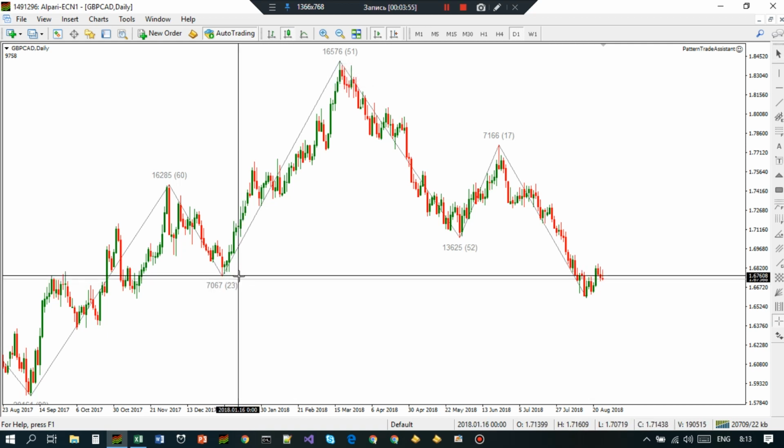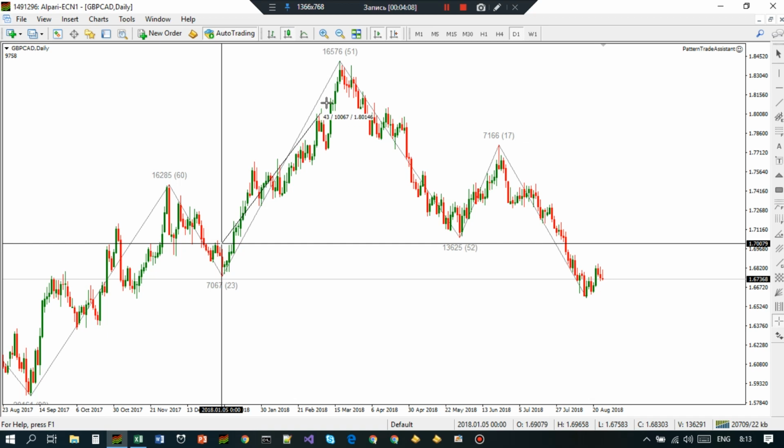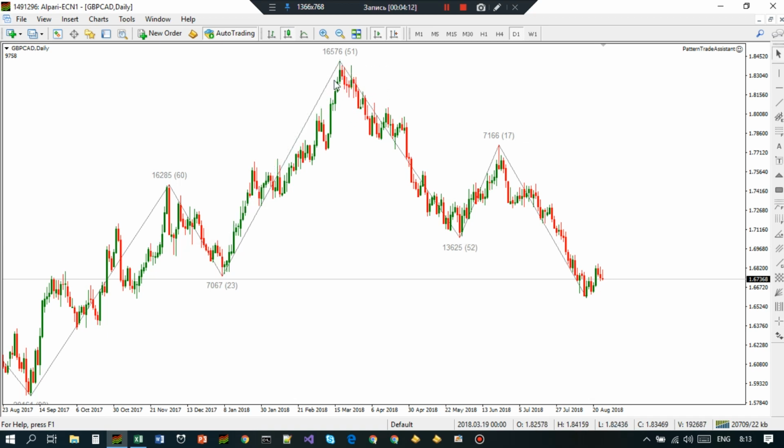If we measure from here to here, it will be the same. It also shows how many bars we have. If you measure from here to here, you have 51 bars. The first number is the 51 bars.